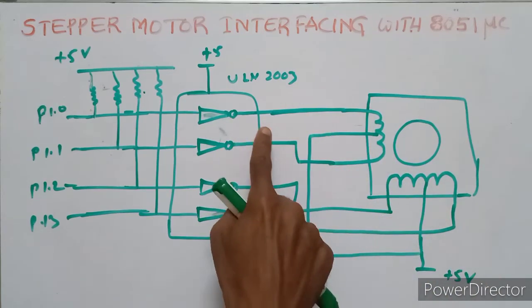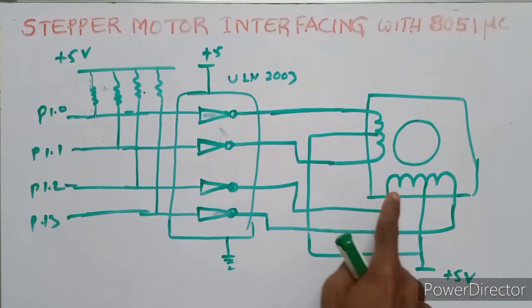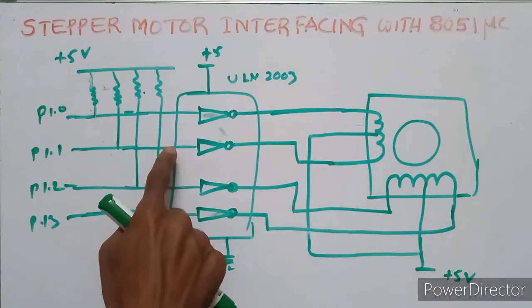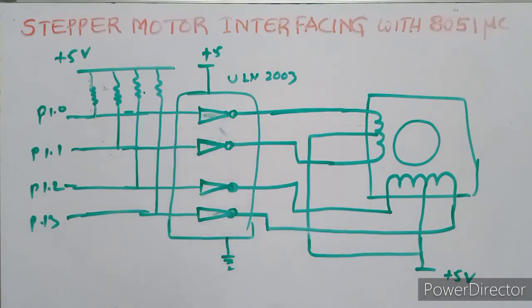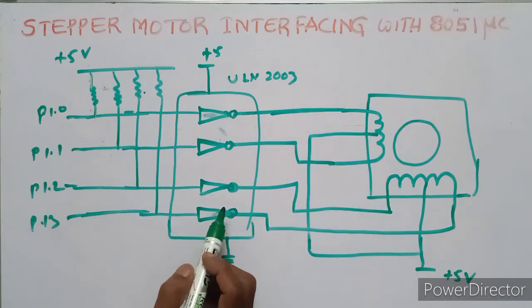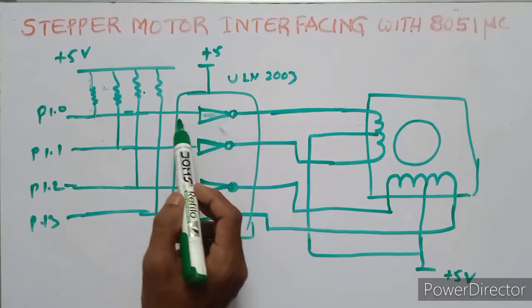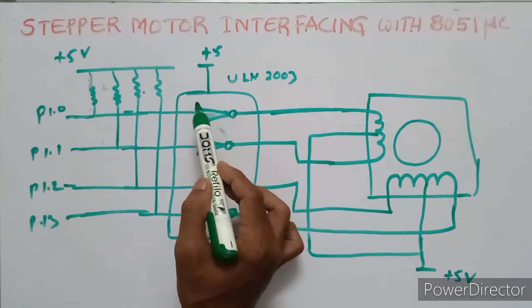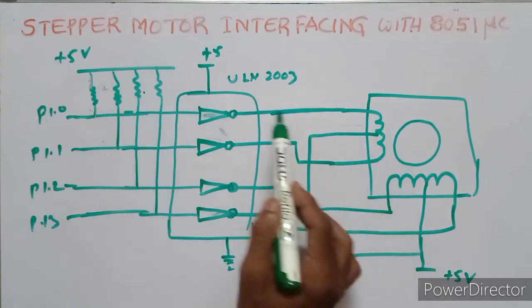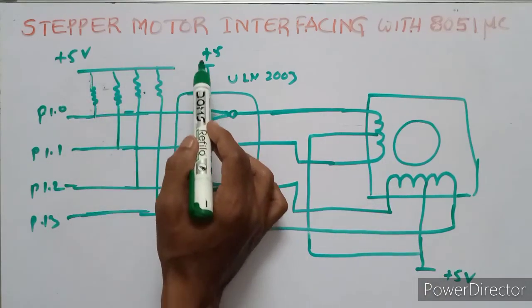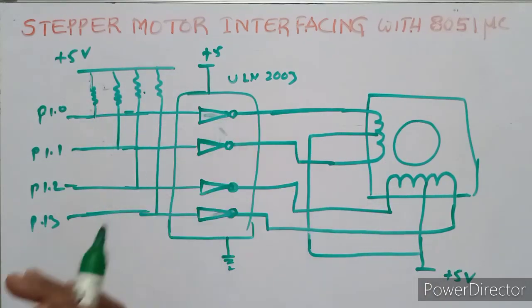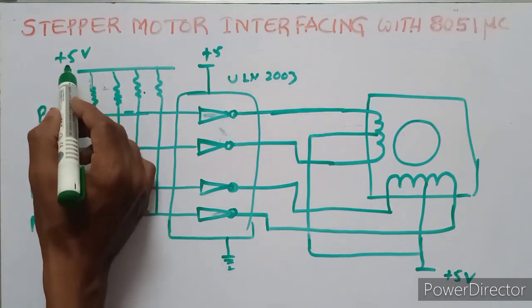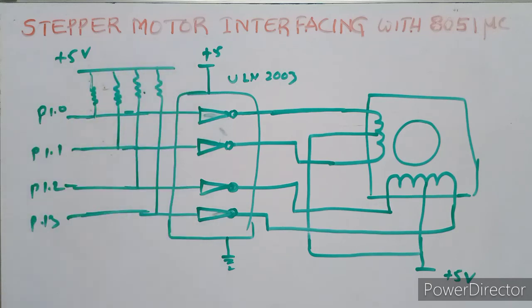These are all winding leads. The common wires are connected to the positive side of the power supply, the motor's power supply. With many motors, plus 5 volts is sufficient.